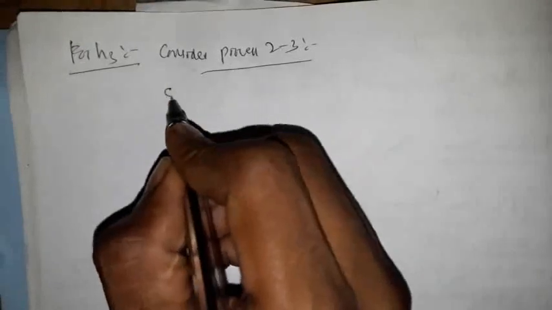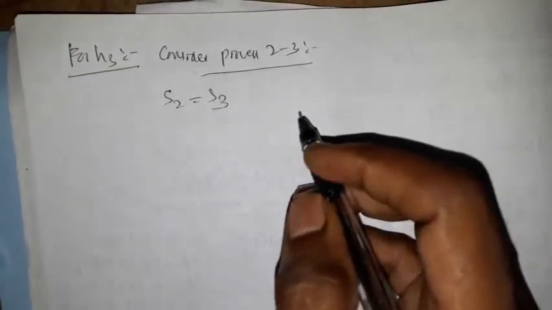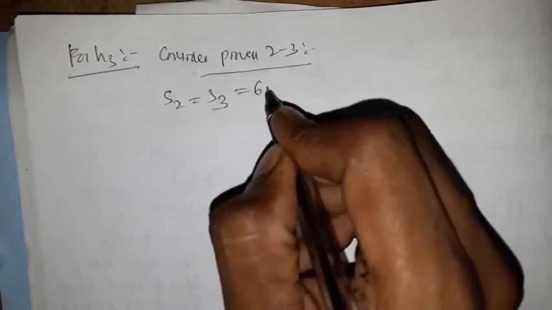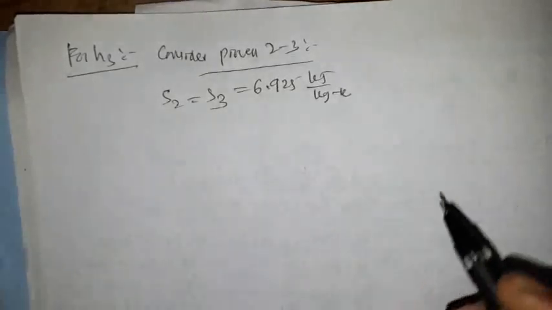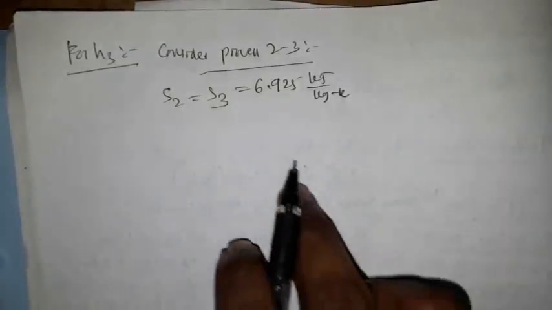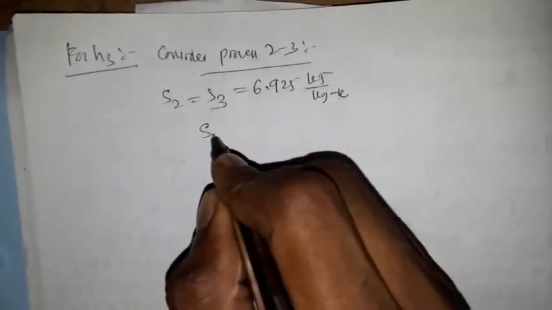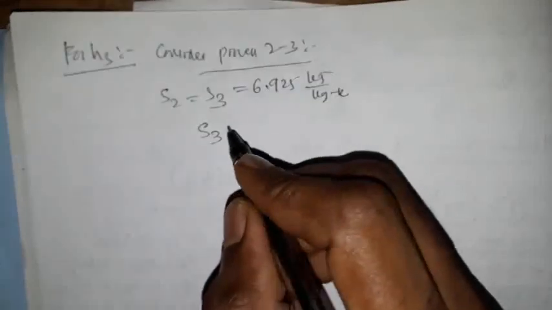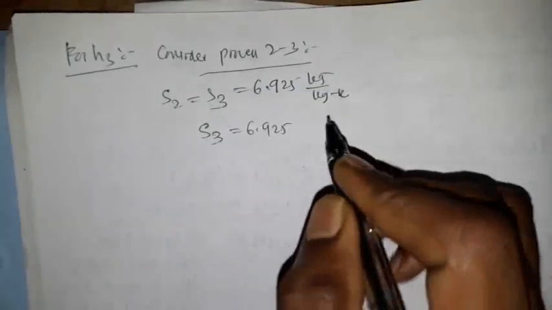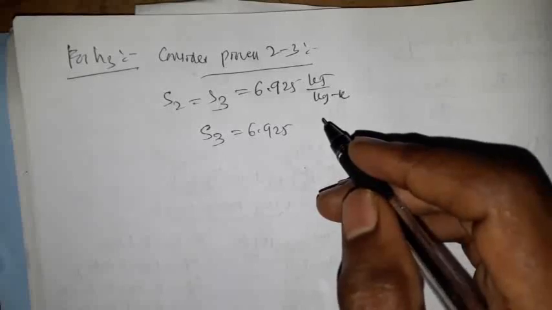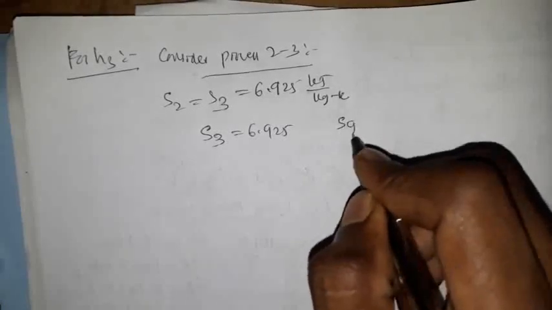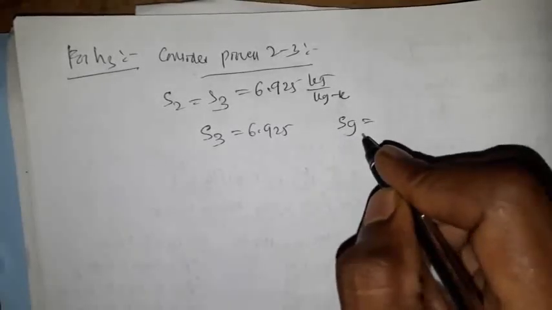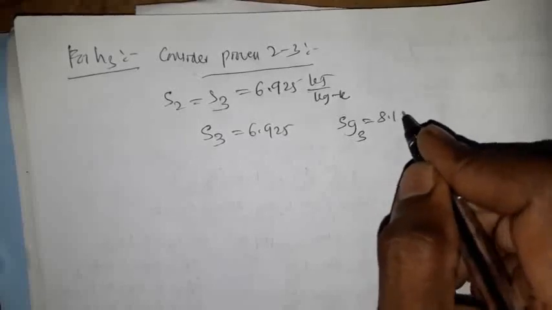Now we have S2 equal to S3, since this process is isentropic, and we can write this value as 6.925 kilojoule per kg Kelvin. Now we will compare this entropy value, the specific entropy at state 3 equal to 6.925, with the specific entropy value Sg at 3, which is 8.151.